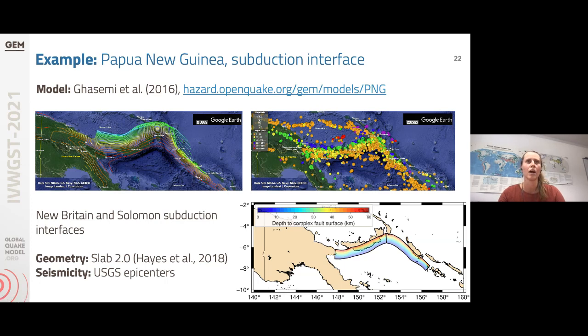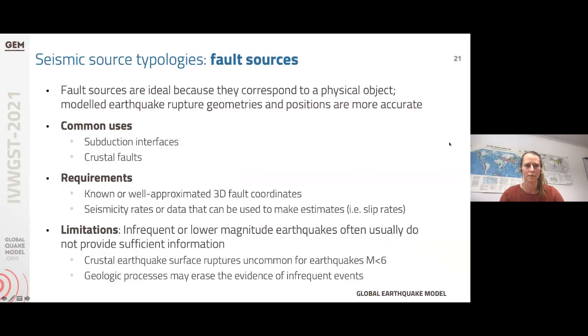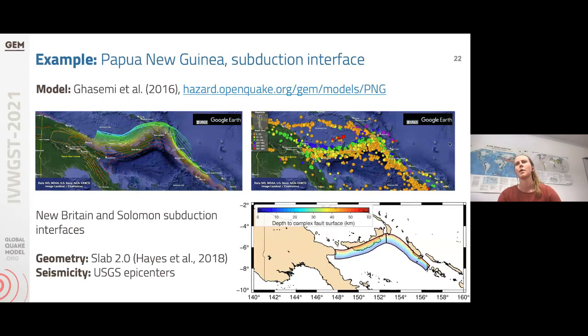The top two panels here are showing the geometry taken from SLAB 2.0, which is a USGS product that has characterized the subduction zones globally, as well as the seismicity data, showing past earthquakes that have occurred near the subduction interface. So together, these data are sufficient to create a fault surface and a productivity that can be used as a seismic source. And that source is depicted in the bottom right figure.